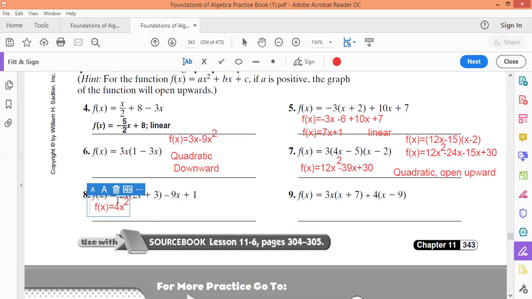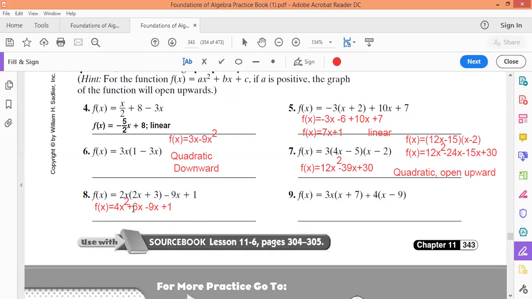Okay, and then multiply 2x with 3. 6x. Plus 6x. And then beside that we have minus 9x. And then we have plus 1.